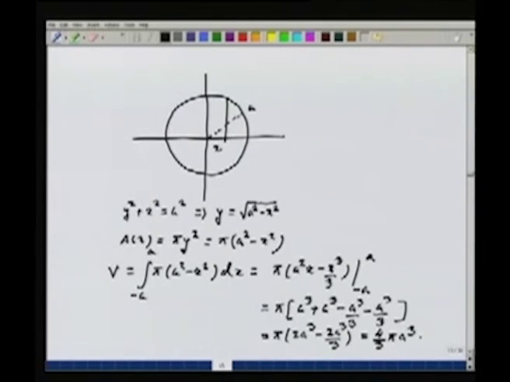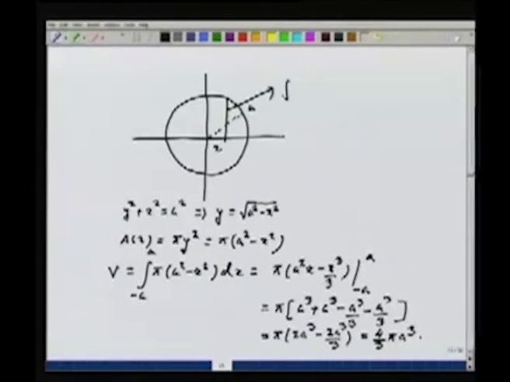So there are actually two ways I have found the volume of the sphere. One is the method of slicing, the other is a slight variant of it, that is by using it as a solid of revolution. The idea is you just take the upper half of the disk and rotate it about the x-axis. What you get is a sphere, and you want to find the volume of that.